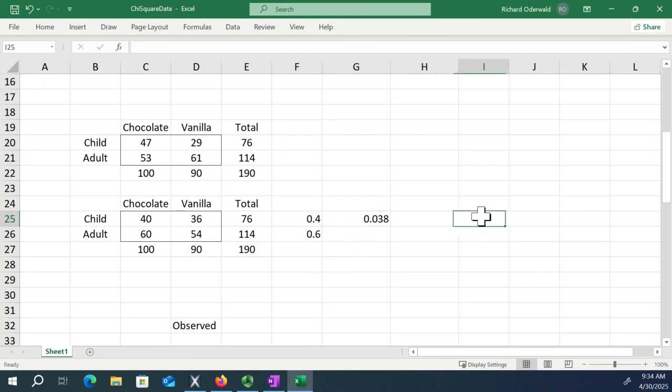But I'm going to calculate it. The chi-square value equals the sum of observed minus expected, squared, divided by the expected.